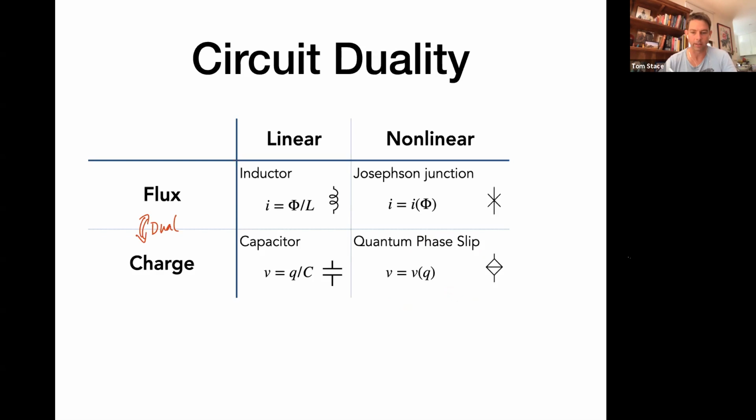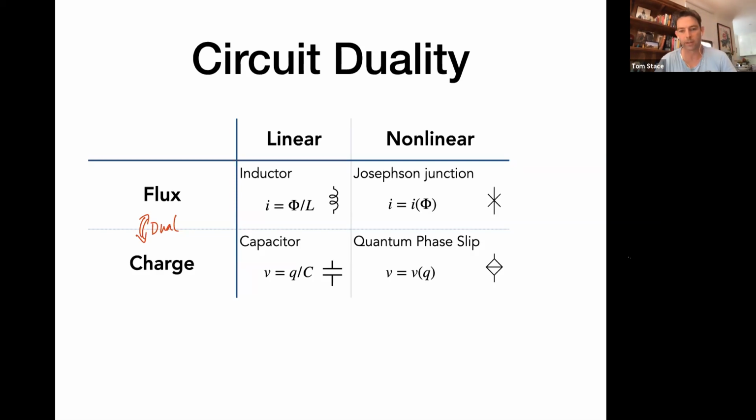And that thing exists. It's called a quantum phase slip device. So it's a device whose voltage is a nonlinear function of the charge across it. So you should think of a quantum phase slip device as a nonlinear version of a capacitor, just as a Josephson junction is a nonlinear version of an inductor.